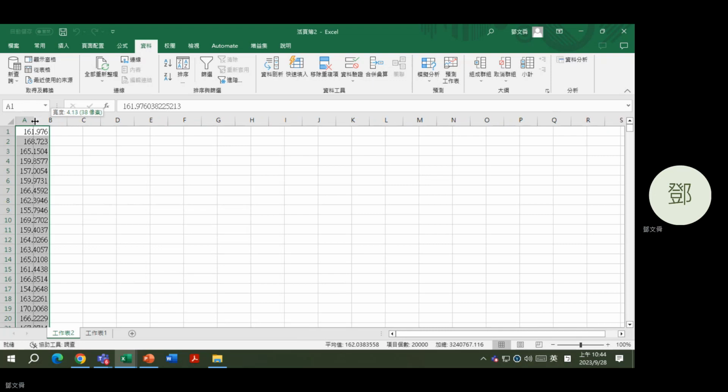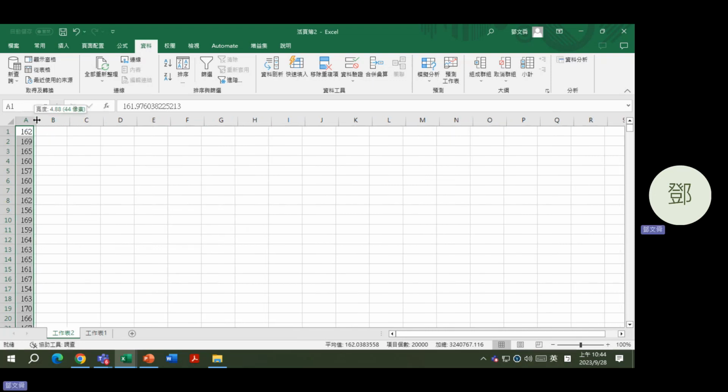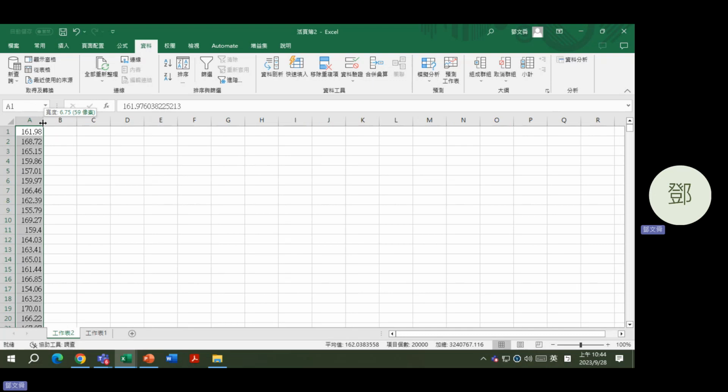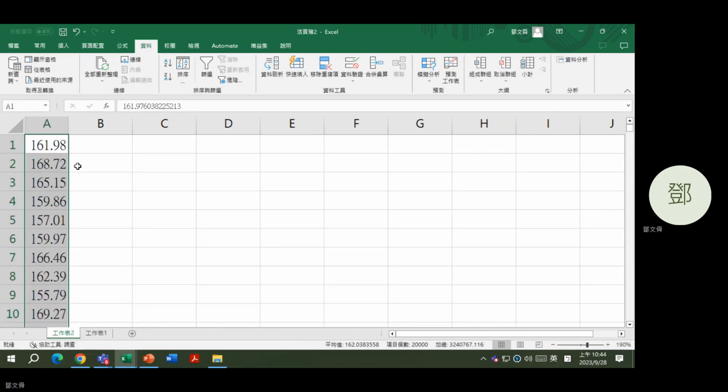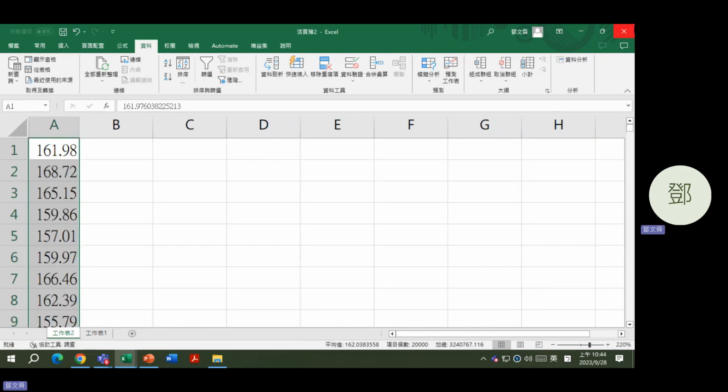Here, all right? One decimal place. So what is the height of student number one? The first height generated is 161.98.